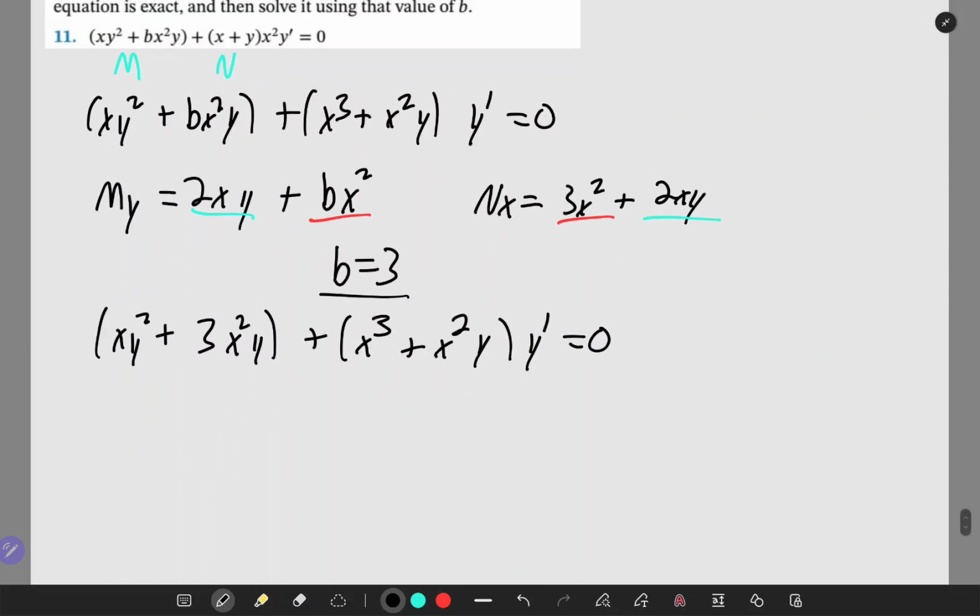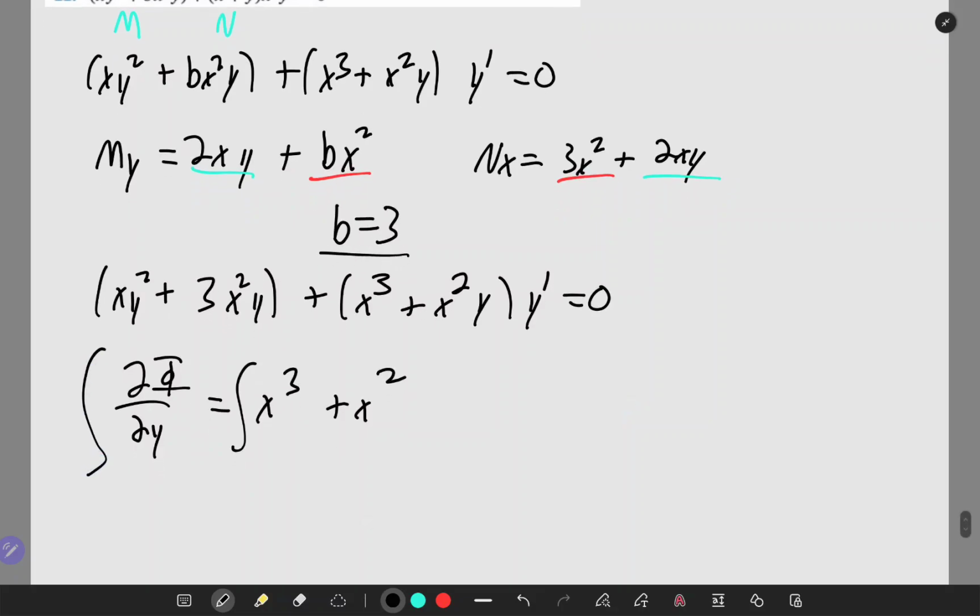Okay, so now we can go ahead and find our general solution. I'll start with y this time. Why not? d phi dy is equal to the integral of x cubed plus x squared y. Once you get good enough, you can just skip writing all this out and go right to the steps, but it's good to practice to start out with.